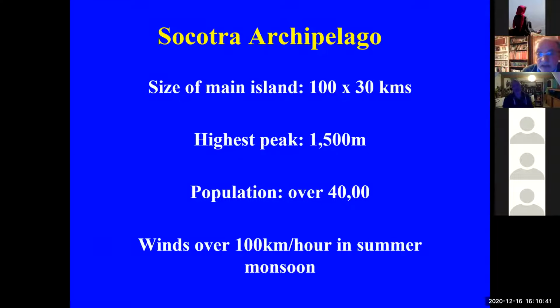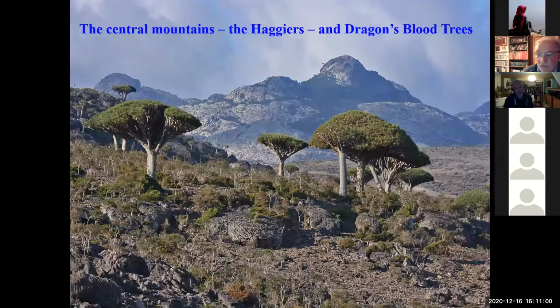A little bit about the island. It's about 100 by 300 kilometers. The highest peak is 1,500 meters. Population of over 40,000. That's a missing naught there. And winds in the summer monsoon of over 100 kilometers an hour. And just a few scenes from Socotra, just to give a flavour of the island and its habitats.